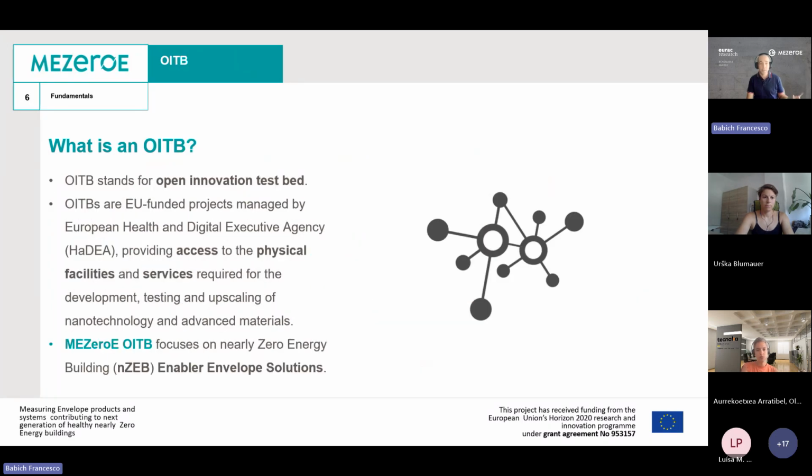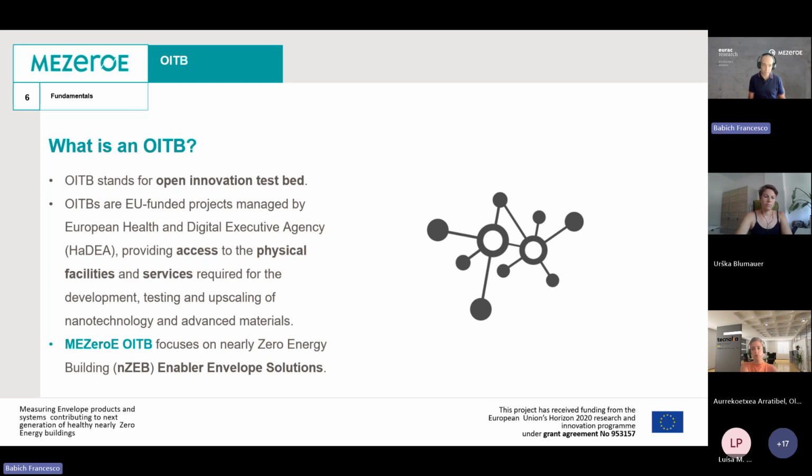Because this is a type of project called Open Innovation Testbed. It's a wording that was conceived by the European Commission, in particular by one of the agencies. And essentially, the idea was to create, with these projects, networks that enable to have, in particular for small and medium enterprises, access to physical facilities and services to support the development of a certain type of product.